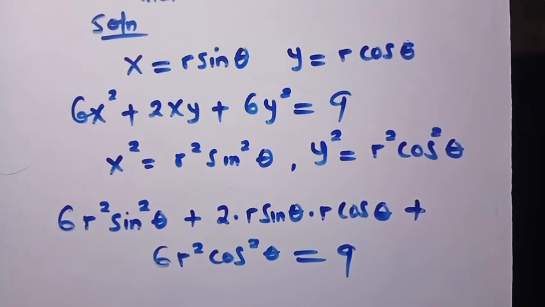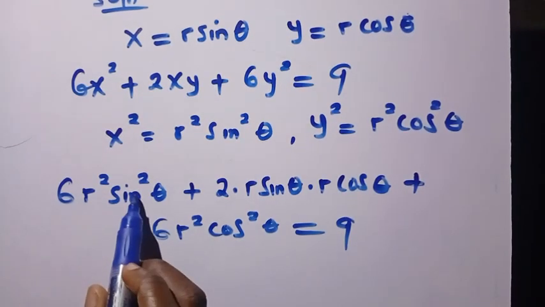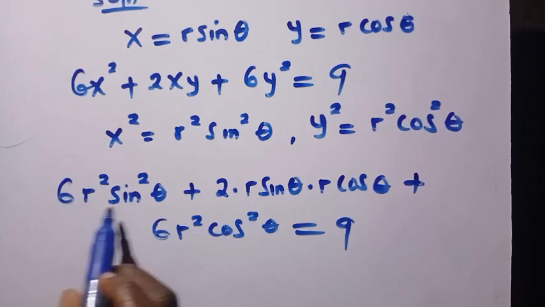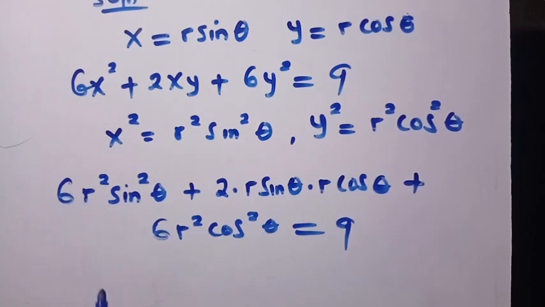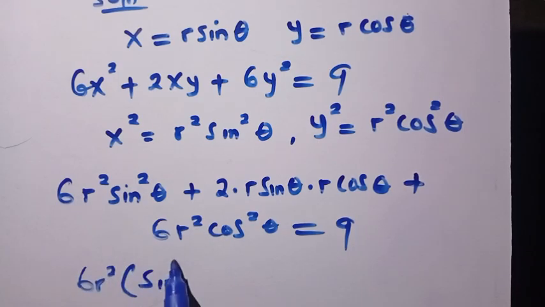Getting to this stage, we combine 6r squared sine squared theta plus 6r squared cos squared theta. By factoring out 6r squared, since there are common things there, we have 6r squared into bracket of sine squared theta plus cos squared theta.